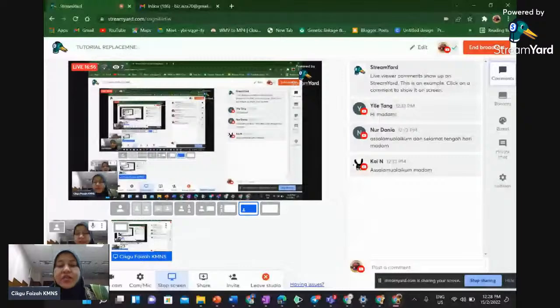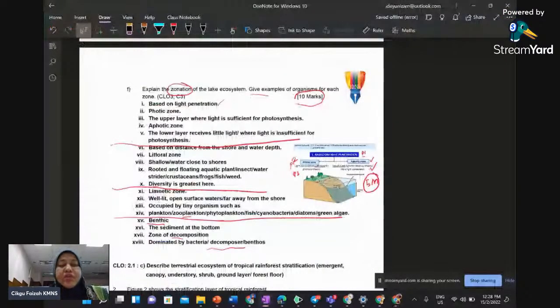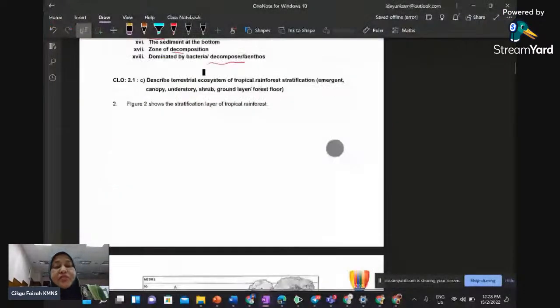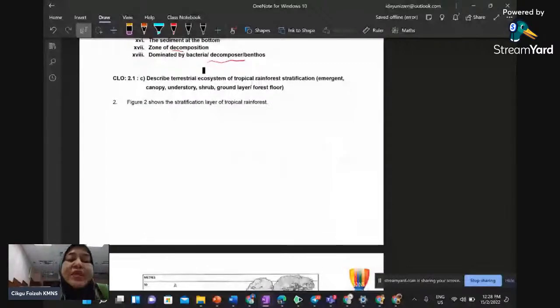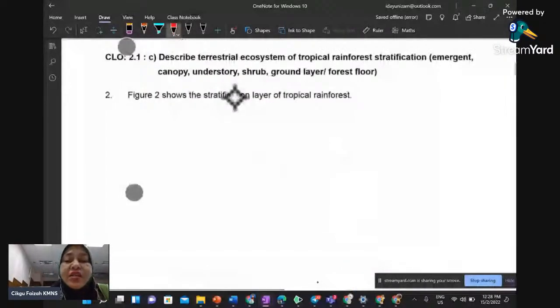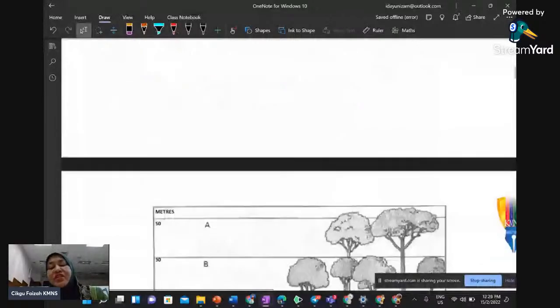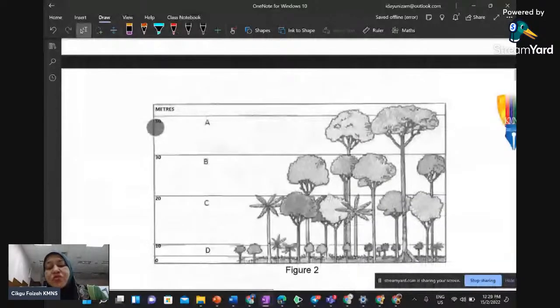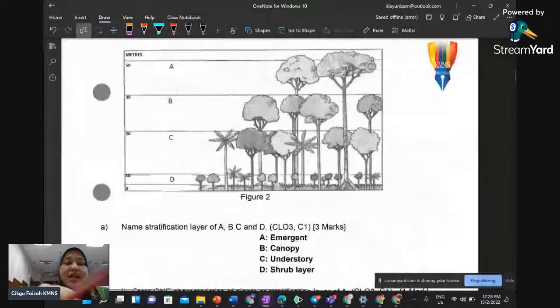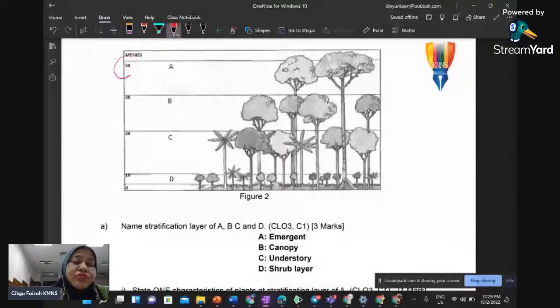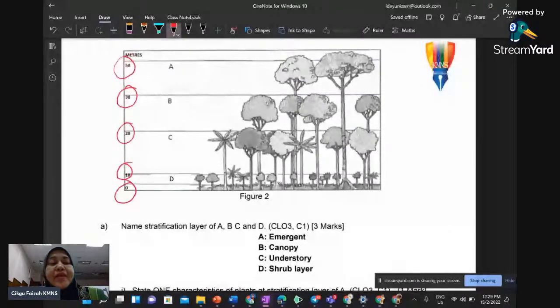Now we go to the tropical rainforest, like teacher mentioned before. For the tropical rainforest, we are referring to the stratification layers of the tropical rainforest. As you can see here, you have to identify all the strata, and remember class, the indicator for you to identify all the 5 strata is based on the height of the tree.